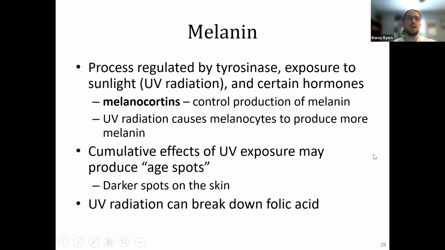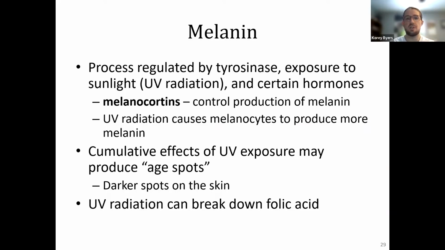Melanin production is regulated by tyrosinase. Tyrosine is the amino acid that allows this, and it's stimulated by UV radiation and certain hormones. We call them melanocortins.